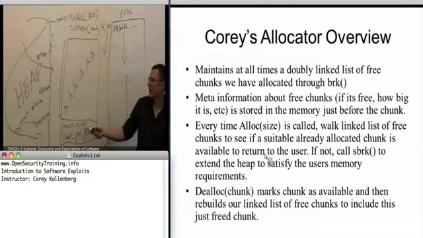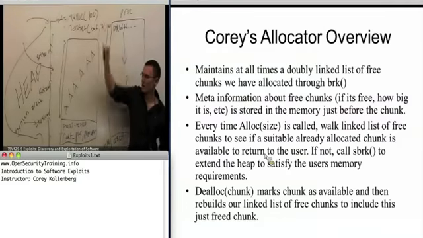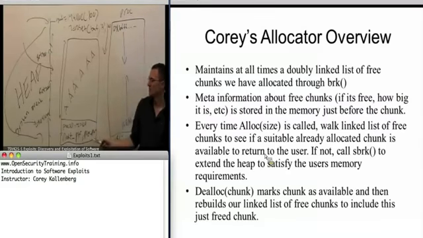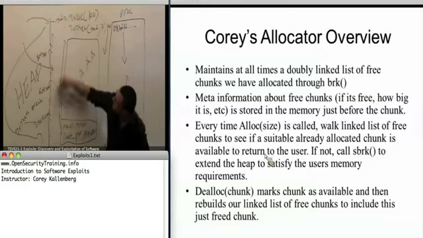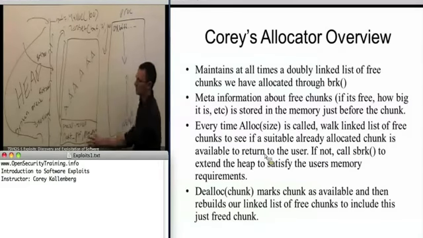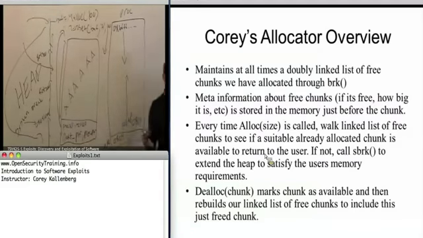The size, in this case 100 bytes. And the next and the previous pointer, which point off to the previous free chunk and the next free chunk. Basically, the allocator is going to use those to help traverse the heap more quickly when looking for free chunks when an allocation request comes in. All right?